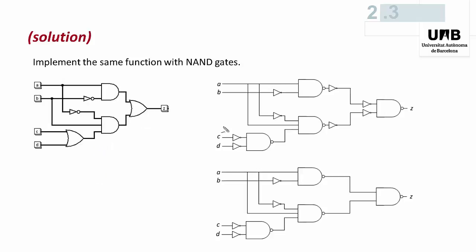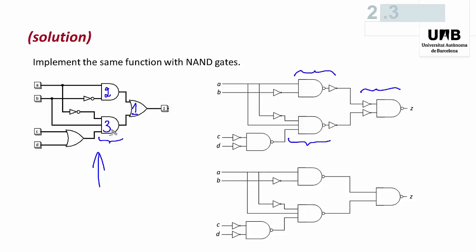It's only a matter of substituting every gate on the left part by an equivalent subcircuit made up of NAND gates and inverters. For example, this OR gate can be substituted by a NAND gate and two inverters. This AND gate by a NAND gate and an inverter. The same here.